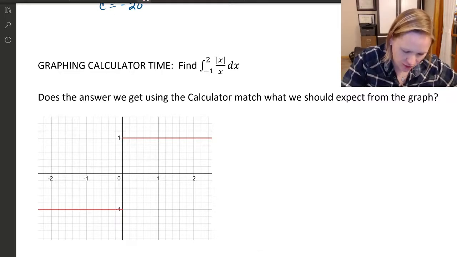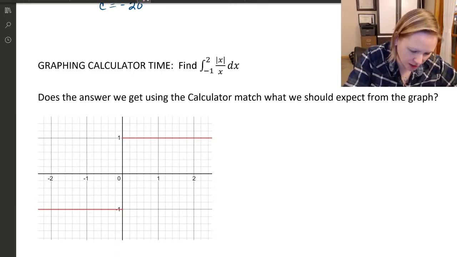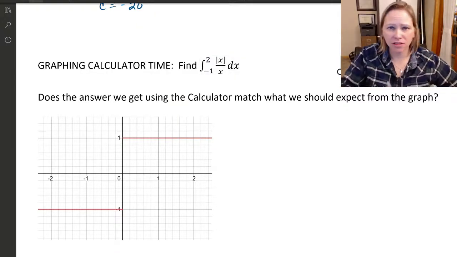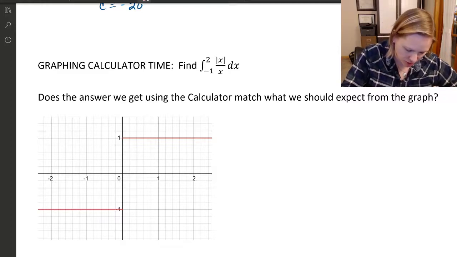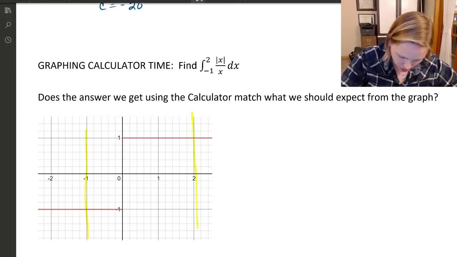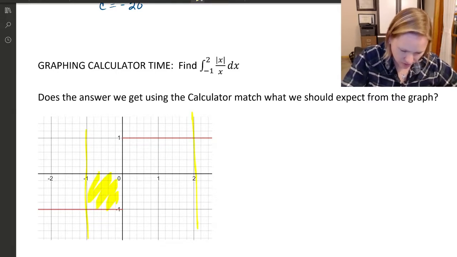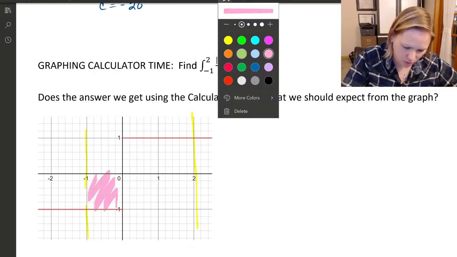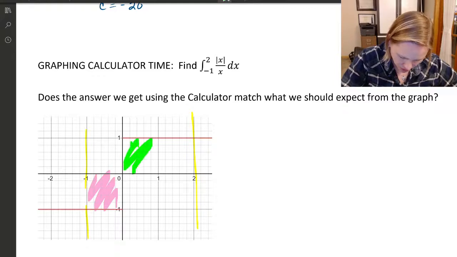If I want to evaluate this function, here's the graph, by the way. The absolute value of x over x, it's just two horizontal lines that meet at 0, and it's a jump function. So if I go from negative 1 to positive 2, you have a square here, and here we'll go ahead and use our pink and green convention. So you have this negative square here with this green rectangle here.